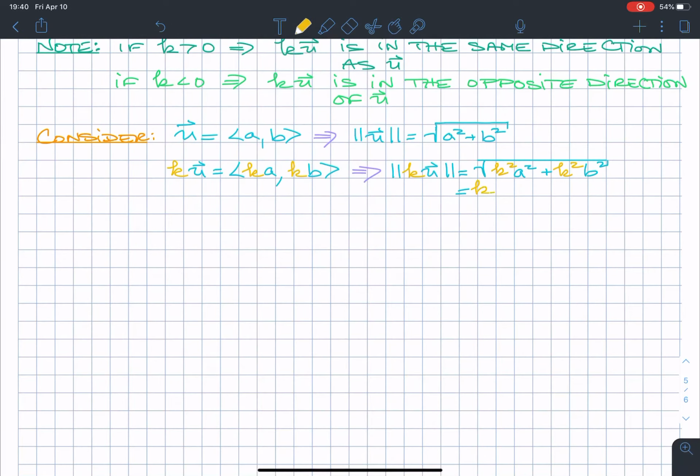So this is k times the square root of a squared plus b squared, which is just k times the magnitude of vector u. So what does that mean?